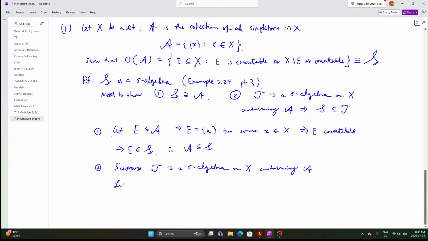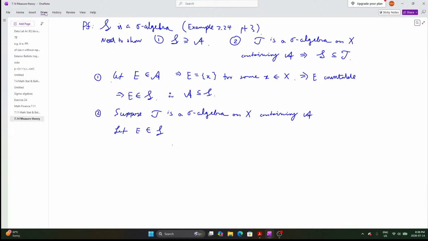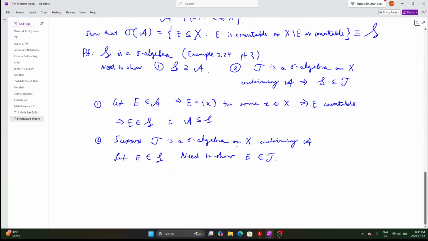So let E be in S. You need to show E is in T. Need to show E is in T. So how do we get around that?